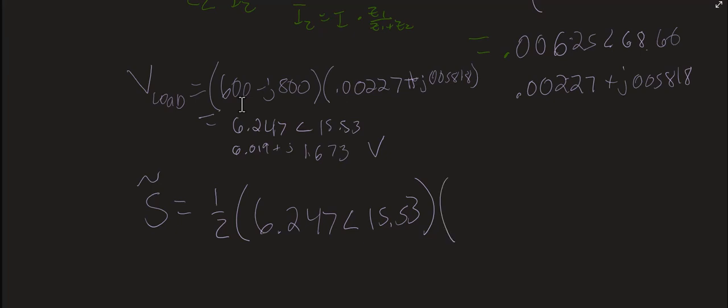To make the conjugate, if I'm using the phasor form, I change the sign of the angle. And if I'm using the rectangular form, I change the sign of the imaginary part. Basically, you're changing the sign of the second part of the number. Does anyone remember if this was 6.6 or 6.0? 6.6.